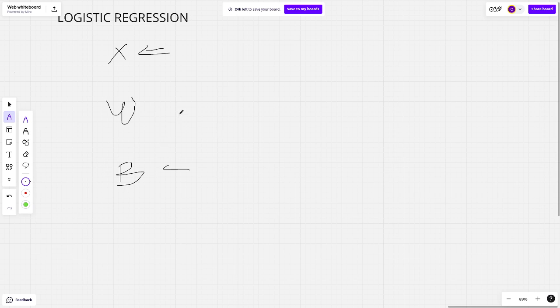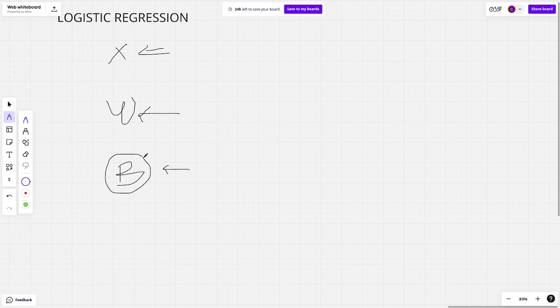We have to learn to differentiate both of those things, because when you are going to program neural networks, you will get to know that this B will be the perceptron. So that is really important for us to remember, guys.